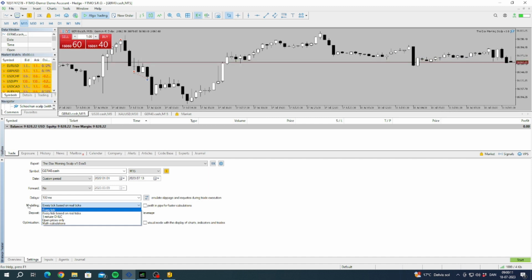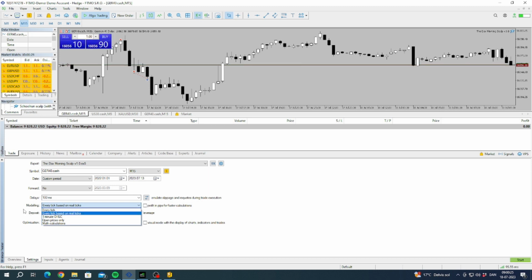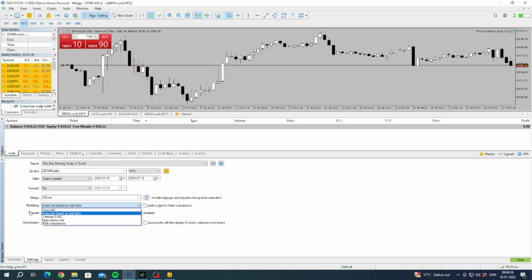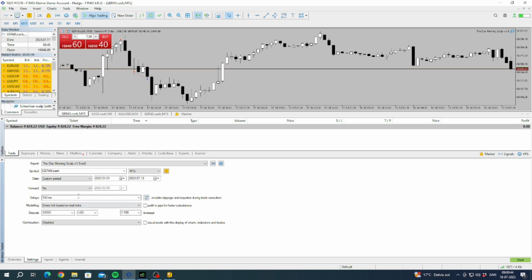From what I've seen, at least, I've tested a lot in here, because these modeling methods don't actually use real data from your broker. They will just use synthetically calculated data based on MetaTrader 5 calculations, which is like the same as guessing where the market went at a specific time. So just always use the every tick based on real ticks because that will use your broker's data.